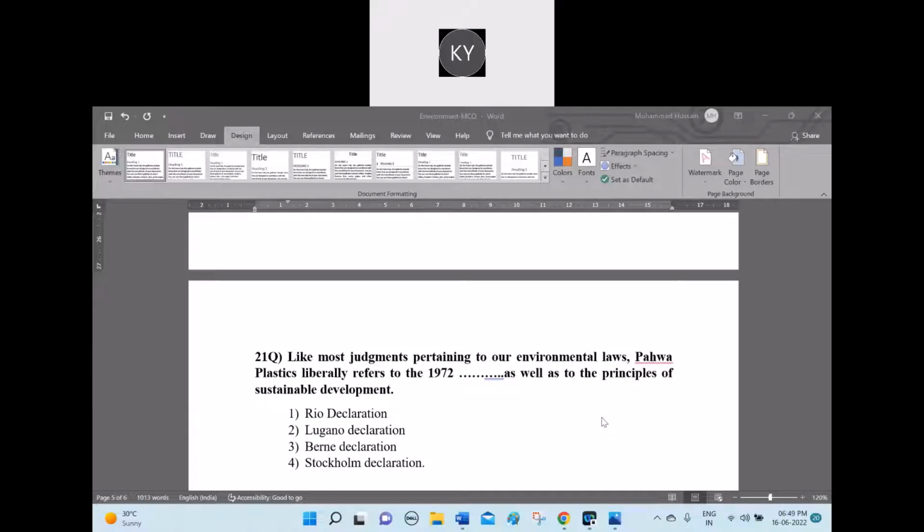Yes, that is the right answer. The fourth option is the right answer. That is the Stockholm Declaration, where, like most judgments pertaining to our environmental laws, Pahwa Plastics liberally refers to the 1972 Stockholm Declaration as well as to the principles of sustainable development.